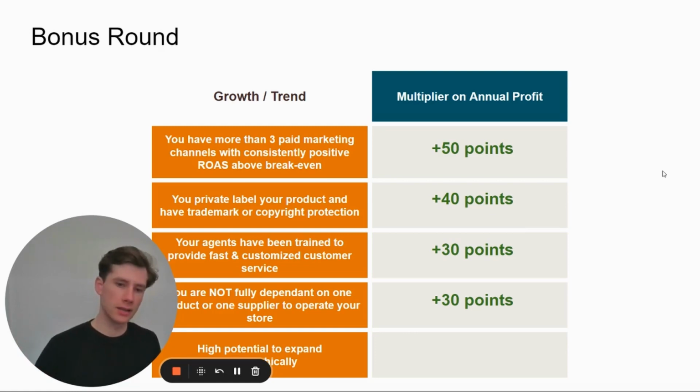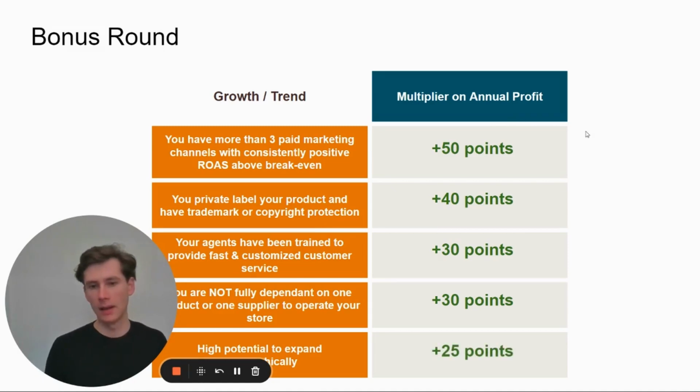And then finally, it's a bit blocked here, but high potential to expand geographically. That's what it says. Again, everyone says they can expand geographically, and in reality, few people can, because they would have done it themselves if they already could. But if you're honest with this criteria, there are just stores that, for whatever reason, are only selling in one country, and they could copy paste that into a few other countries, not necessarily expand across the world, right?